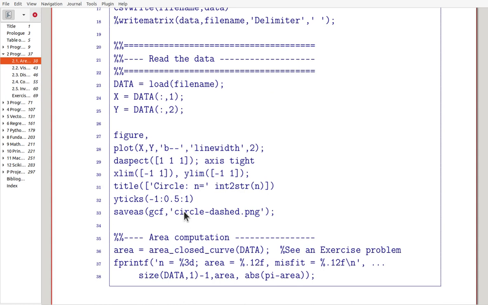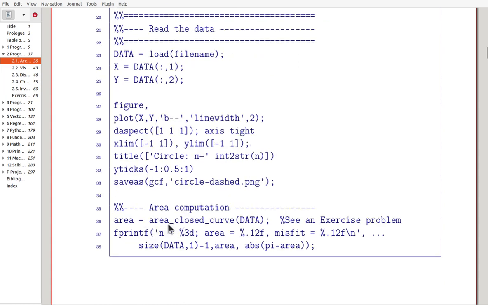And of course there we use the area of closed curve command, which is implemented separately in a file, and we can get the area.